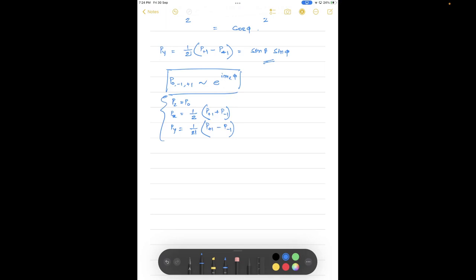So for the pz case, you can tell the value of ml, that is ml equals 0. But for the px and py cases, you cannot define the magnetic quantum number ml here, because each is a plus and minus linear combination of p minus 1 and p plus 1.